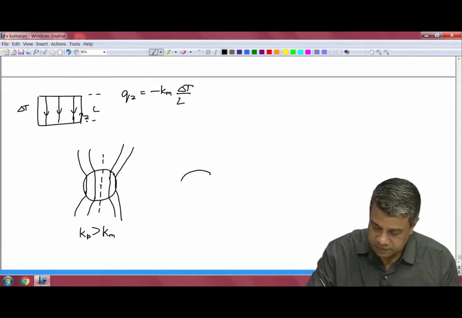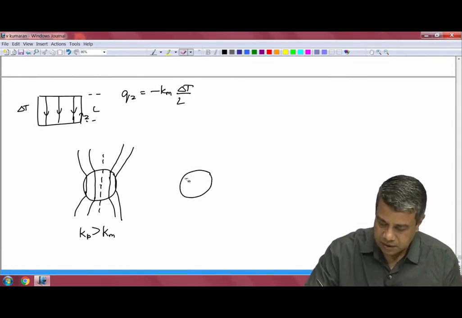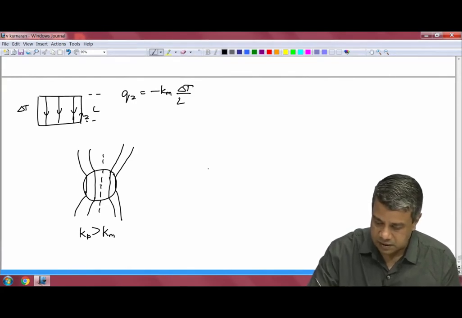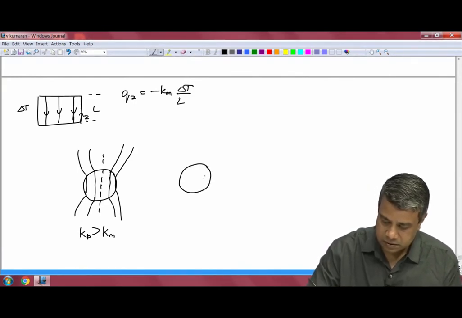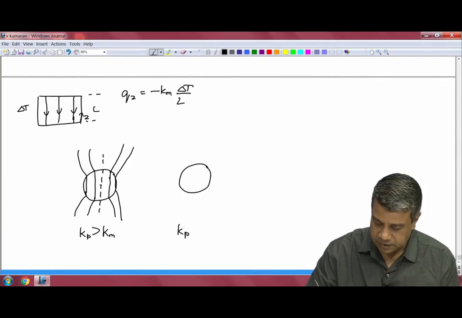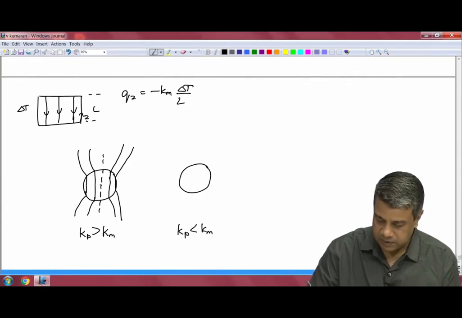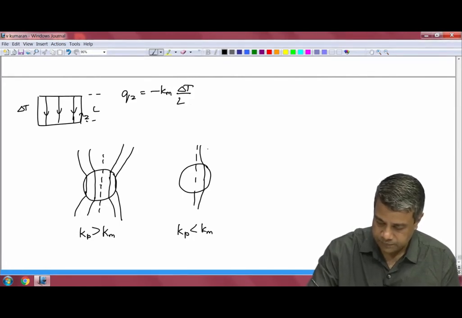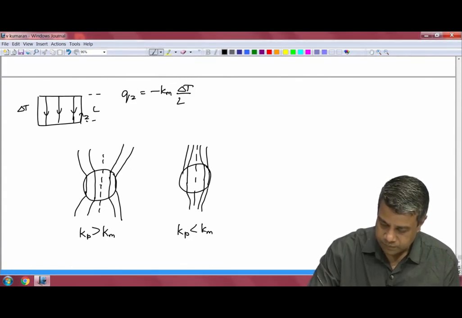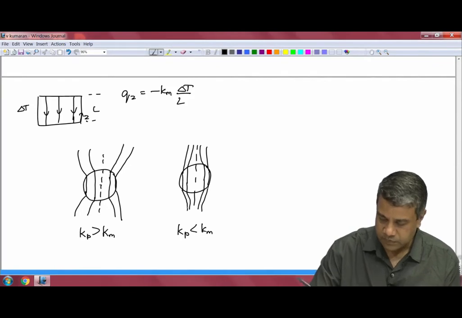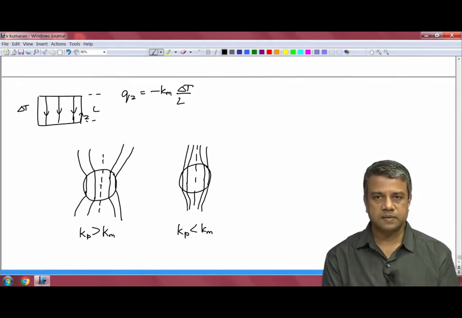Similarly, if I have a particle which has lower conductivity than the matrix, less than Km, then the flux lines would basically go around the particles.